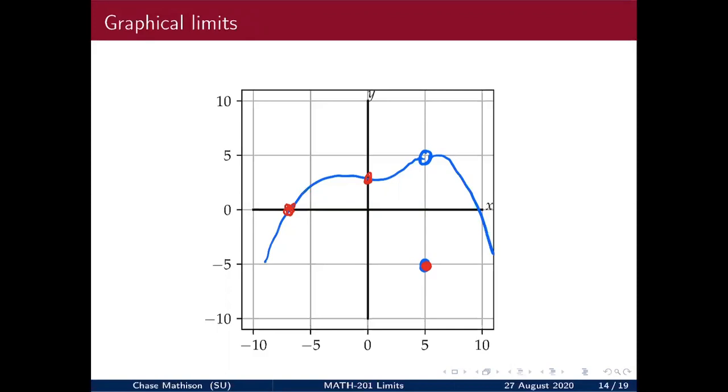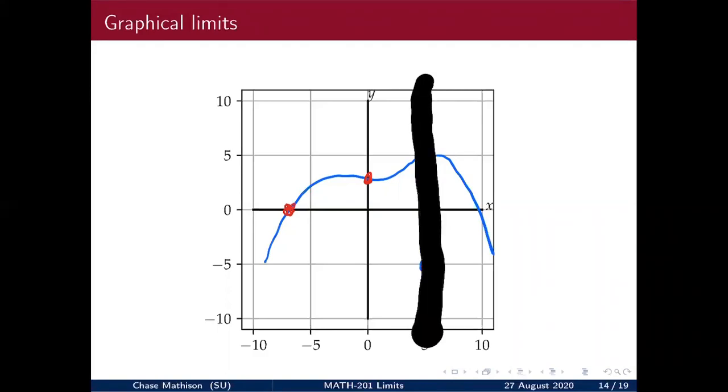In calculus, though, we don't care about that when we're evaluating a limit. For the purposes of calculus, when you're evaluating a limit at a point, there might as well be a solid black vertical line there covering up what's actually happening. I only care what's happening around the point.